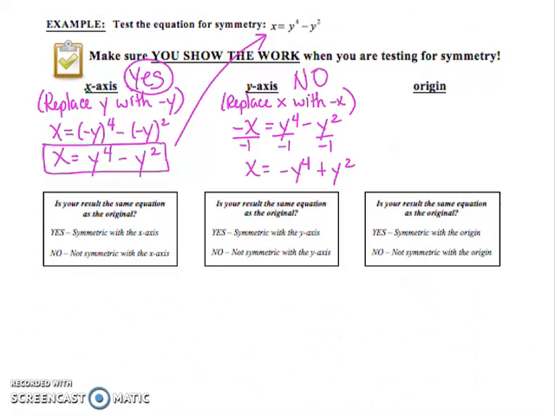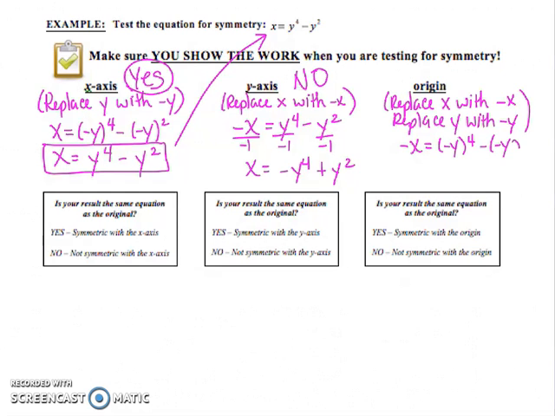And then finally, if we're going to test symmetry to the origin, we are going to replace x with negative x and replace y with negative y. We're going to do this all at once. So we're going to have negative x equals negative y to the fourth minus negative y squared, and we're going to simplify, and we get negative x equals y to the fourth minus y squared, which is the same thing that we ended up with before.